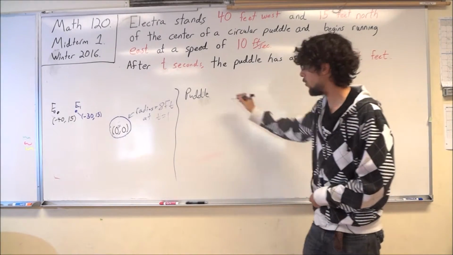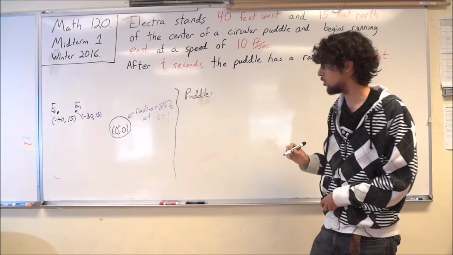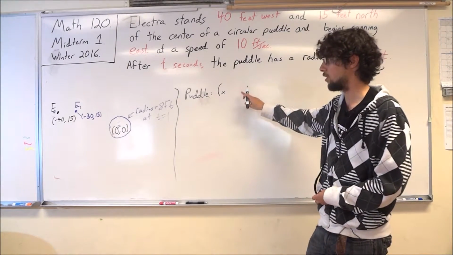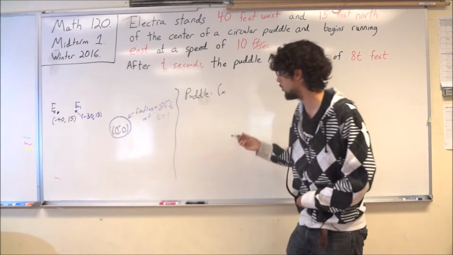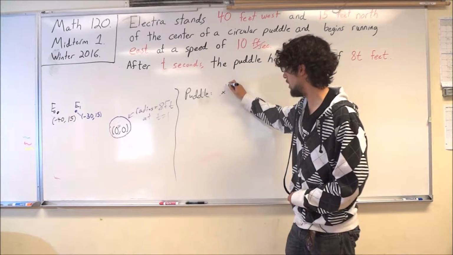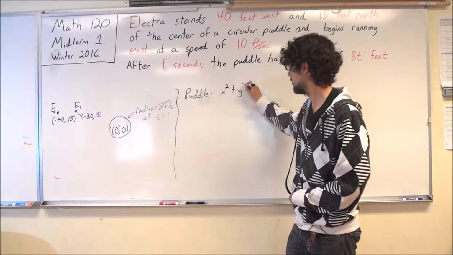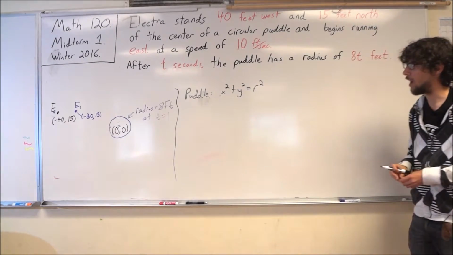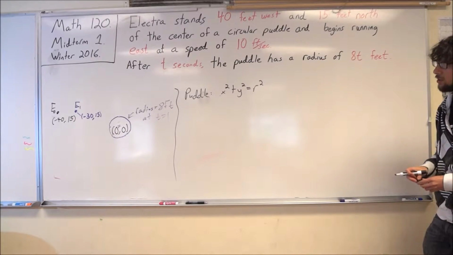The equation that I know for the circle is, in general, (x minus h) squared plus (y minus k) squared equals r squared. In this case, h and k are both going to be 0. So I can really write my circle as x squared plus y squared equals r squared.